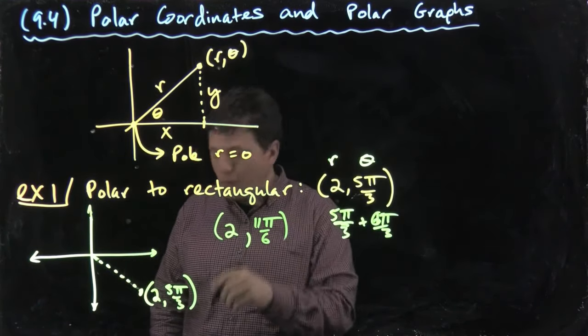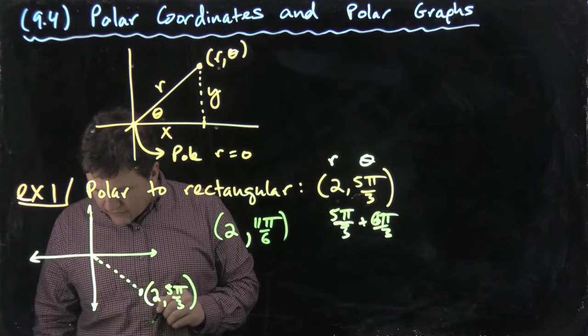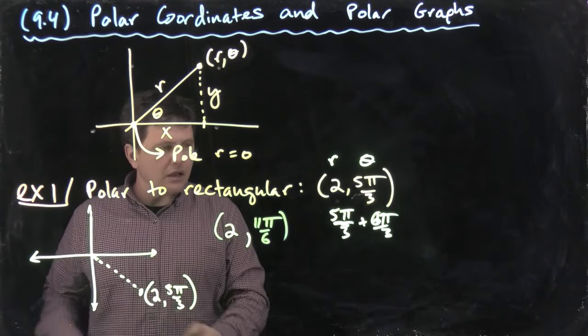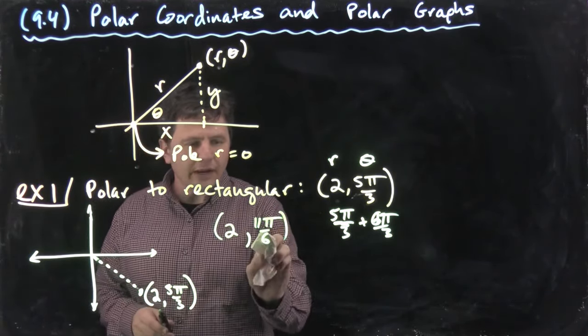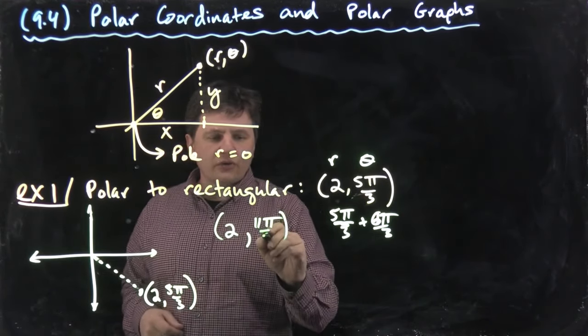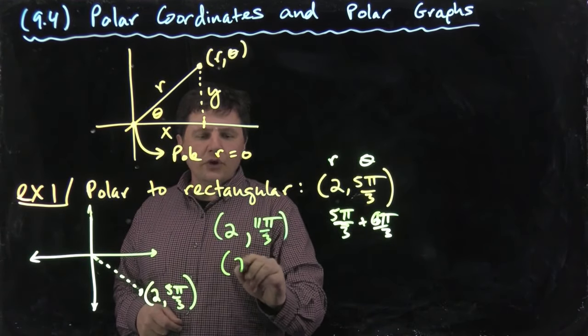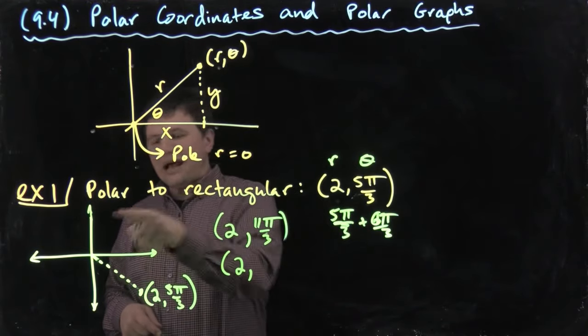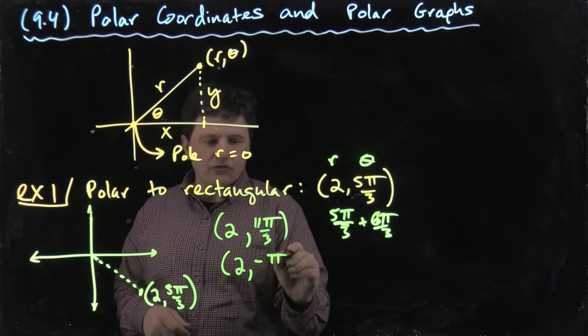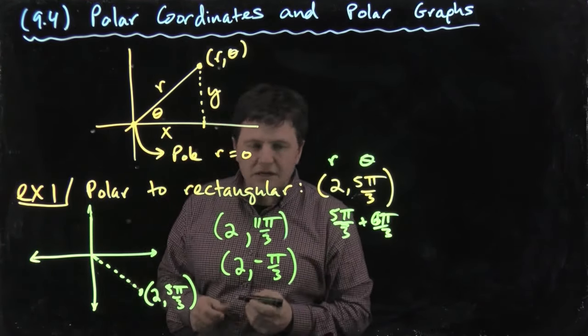That would be the exact same way to describe that point. Another way to describe that point would be 2, and then instead of going in the positive direction, we could go negative pi over 3. Okay, so that's going to be that same point.